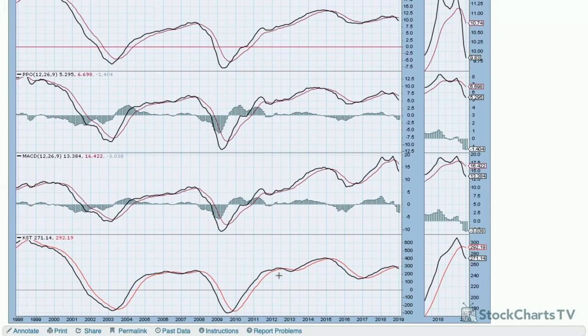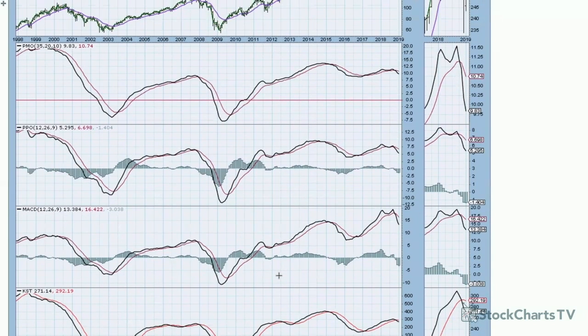I've never used the KST, and it looks like a good indicator. Just be aware of the properties that these indicators have and how they perform and behave, and see if they suit your needs. That's really what it gets down to. But obviously the winner is the PMO.